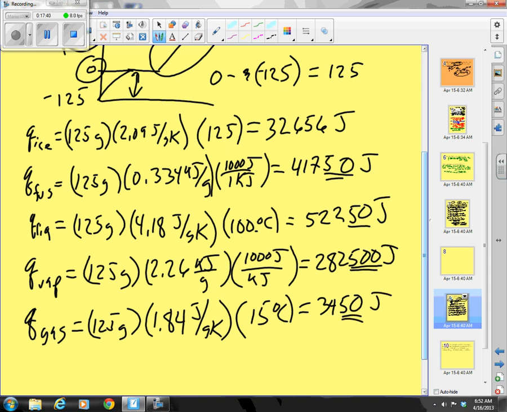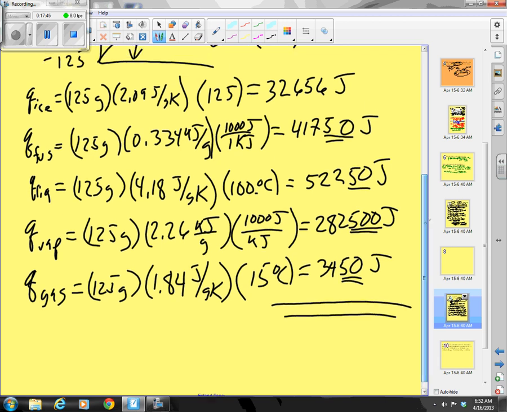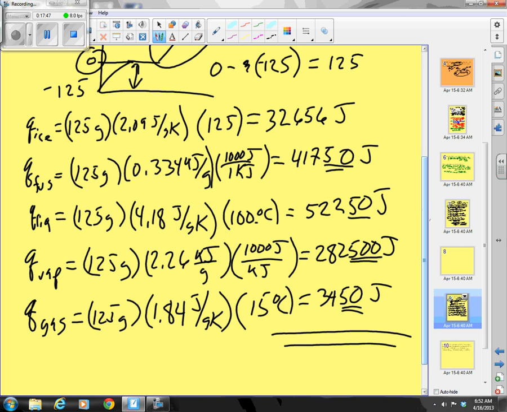Good. So then, when I add all this stuff together, what do I get? Let's try it. 32656 plus 41750 plus 52250 plus the big one, 28250, plus 3450 equals, holy cow, 413206 joules.